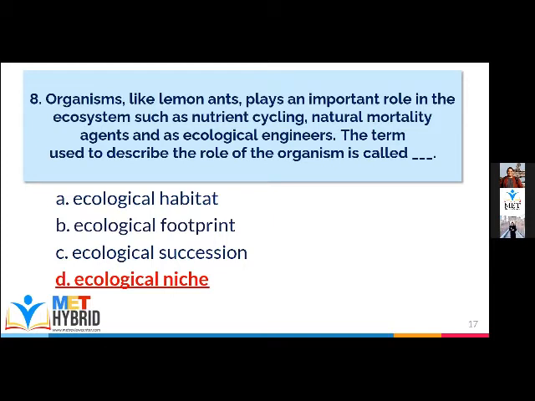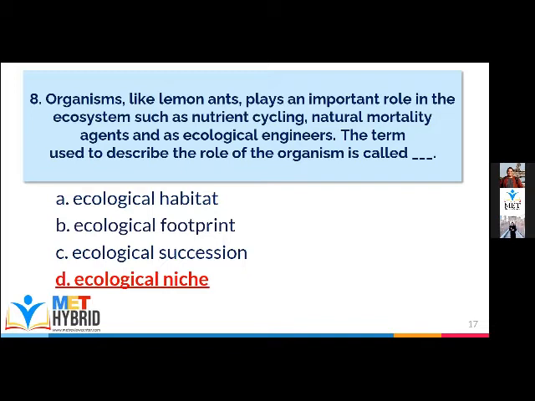So that's your habitat. When you go to ecological footprint, it actually refers to the rate for a particular species, most especially humans, of our consumption of natural resources and production of wastes in comparison to the natural environment producing the resources and processing our waste. So basically, there is some kind of cycle.